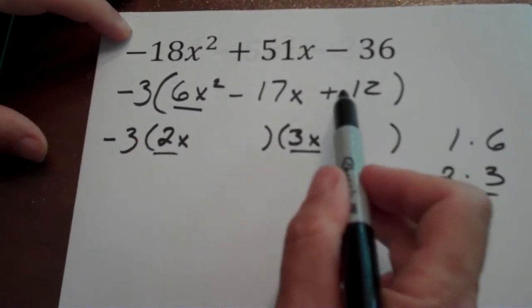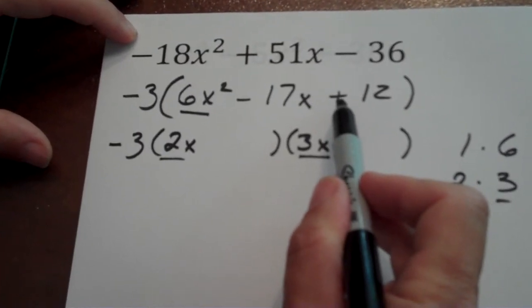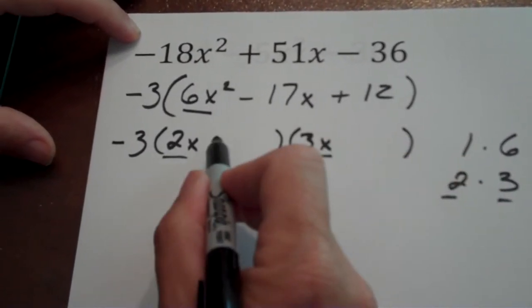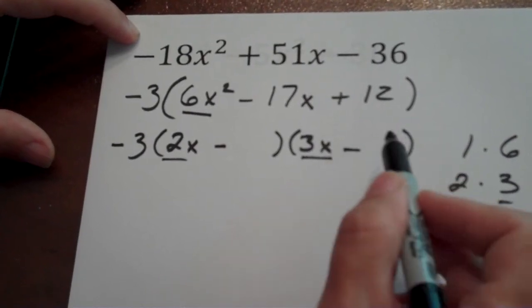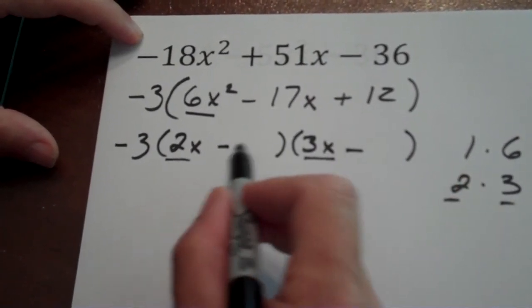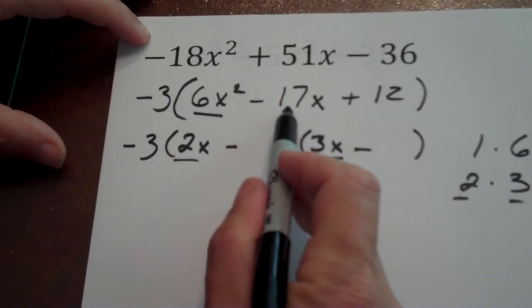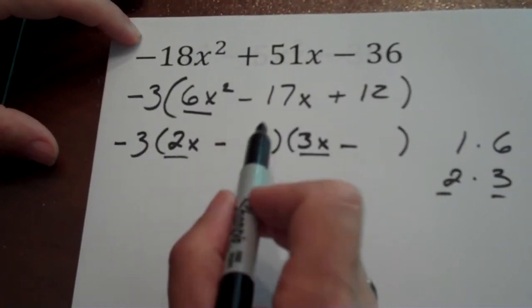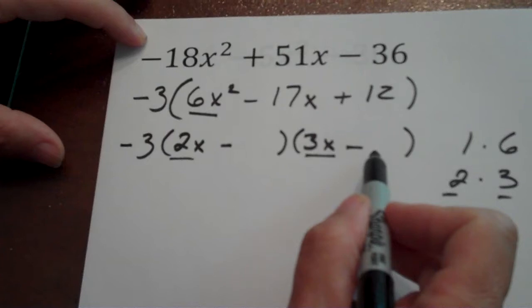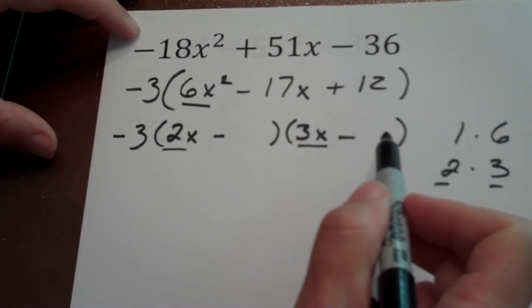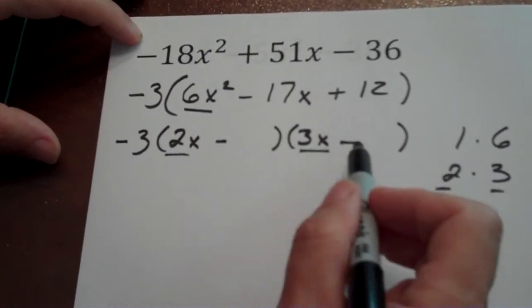Now the signs. Notice that this is a positive 12. So either this could be a negative times a negative or a positive times a positive. Since I need this to be a negative, the only way I can get negatives is if both of these are negative. So in this case, both will be negatives.